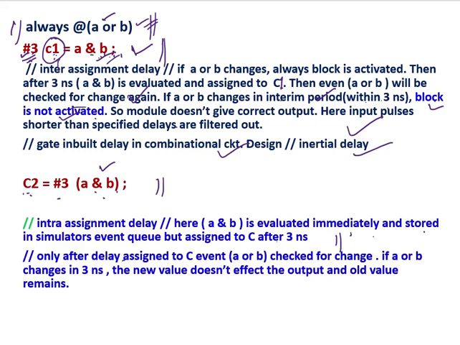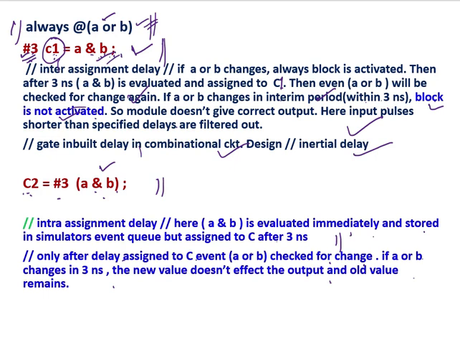But here, only after the assignment from right to left, that is input to output, does it check again. If A or B changes within 3 nanoseconds, the new value doesn't affect the output and the old value remains.